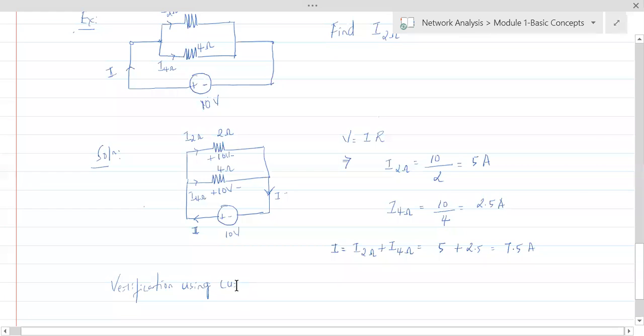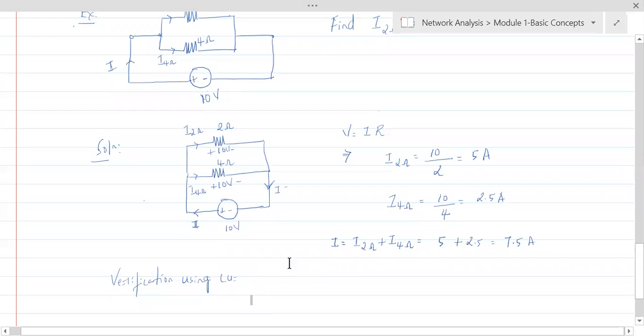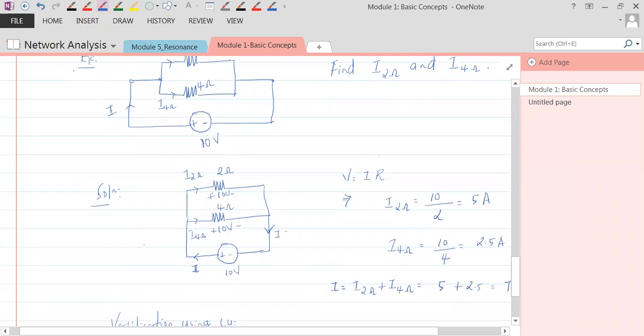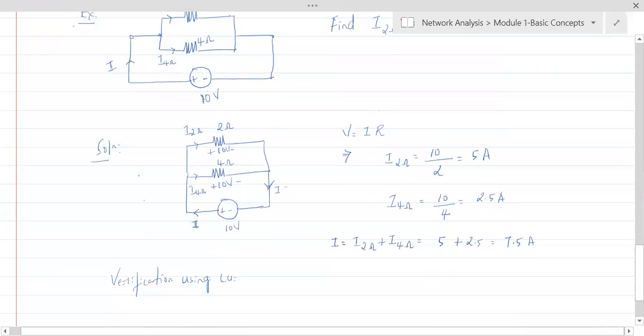Okay, let's write that now. Using the current division rule, what is it telling us?